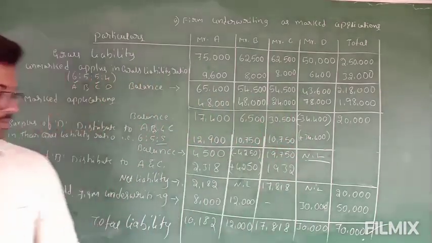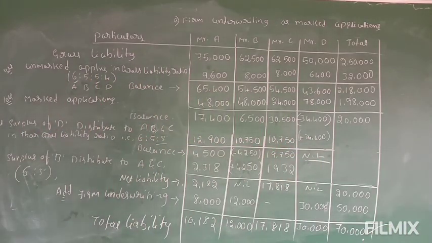This is how we are going to do when they have given firm underwriting, for a 14 marks question. This is point A, where for the question they have given firm underwriting, treated as MAD applications. So we are going to continue this sum by one more session. That is point B.